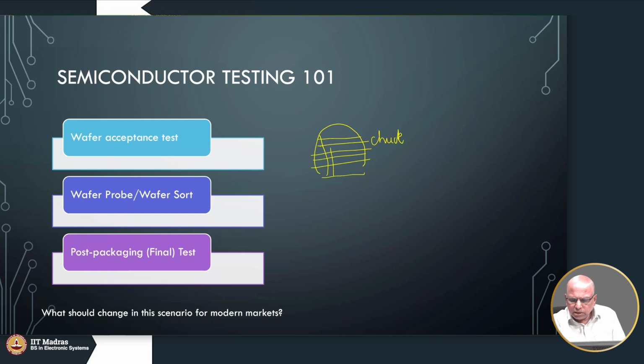All this is done by a robot. So taking the wafer and putting it in a chuck and moving that wafer, etc. There is a robotic arm that contains these probes. That probe will come and make contact with the die, and it can apply signals, make measurements, etc.